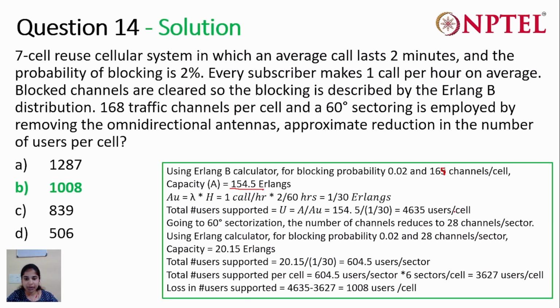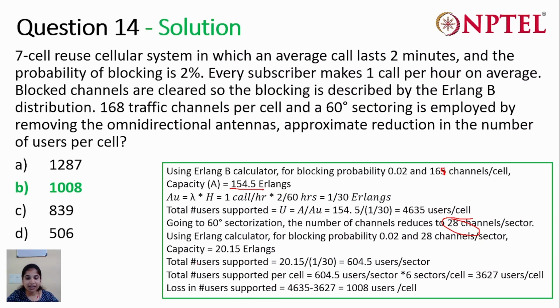But what we are doing is sectorization. So it's no more a common pool. That sector's users, that antenna has to take care. Now, if we do sectorization, 168 divided by 6, approximately we write it as 28 channels. So, blocking probability of 0.02 and 28 channels per sector, I am getting the capacity to be 20.15.